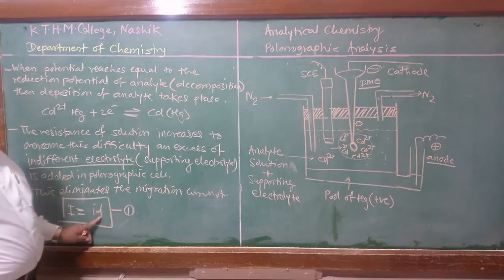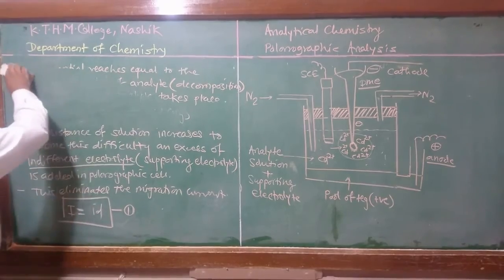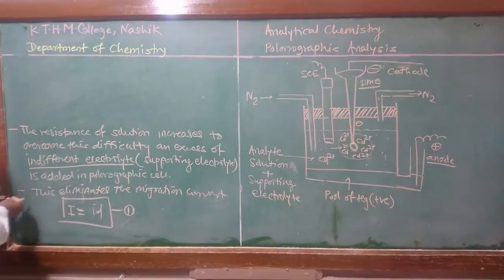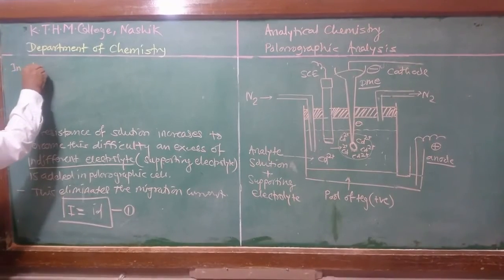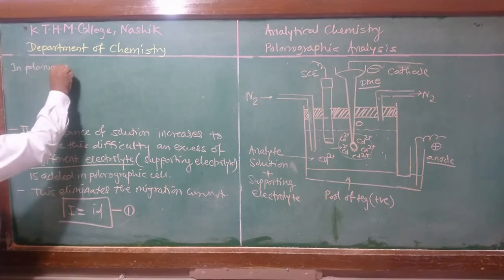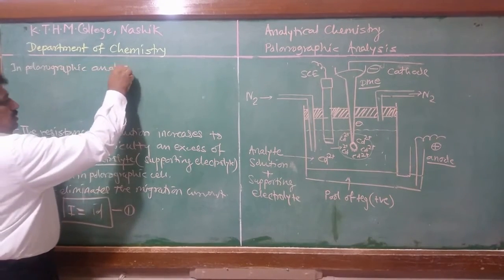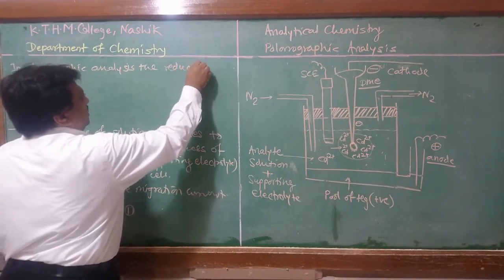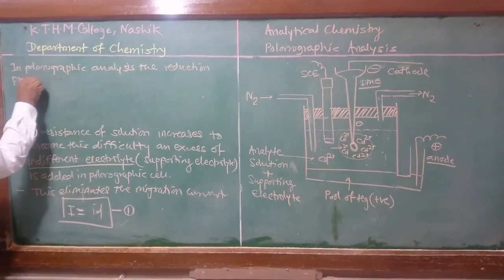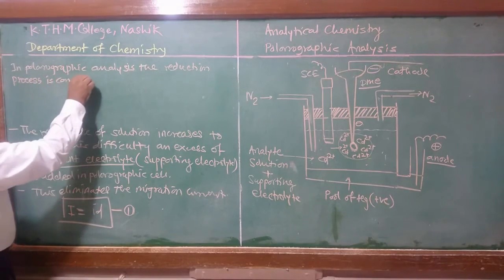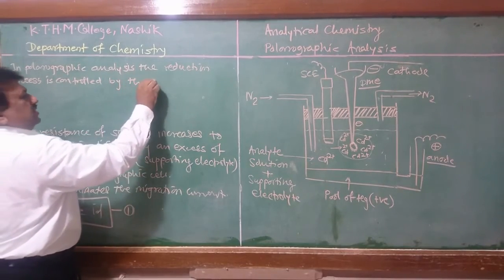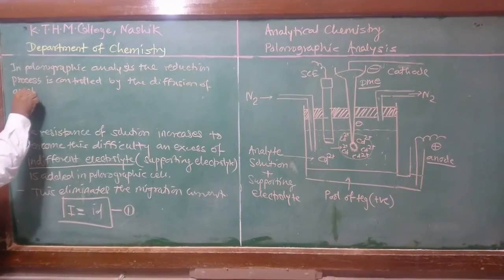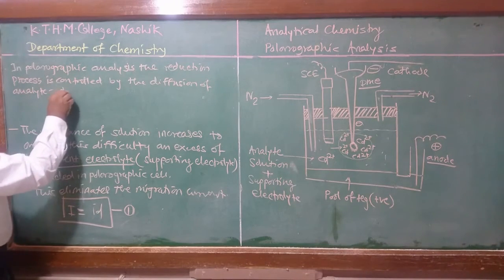ID means diffusion current. In a polarographic analysis, the total reduction process is controlled by the diffusion process of the analyte, and so the current measured in this case is called diffusion current.